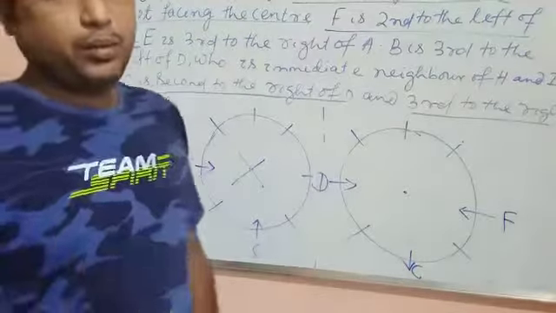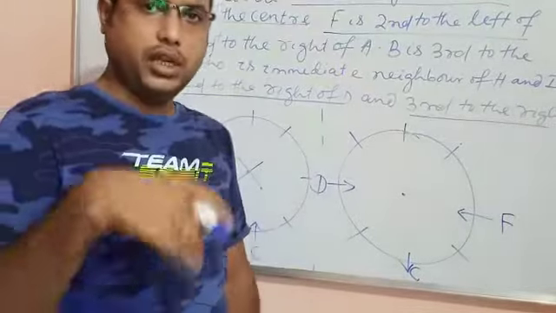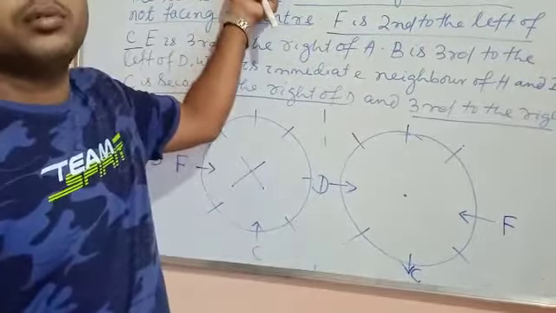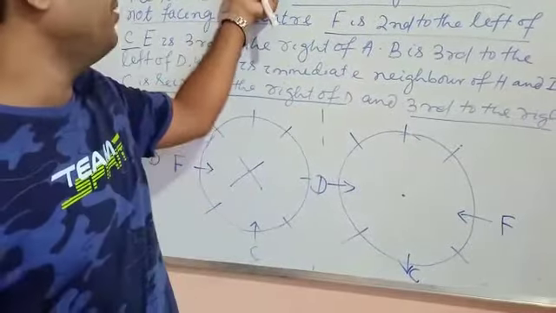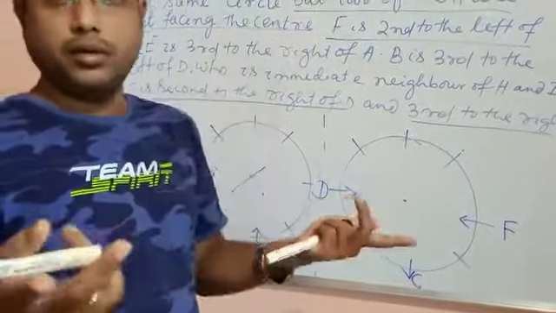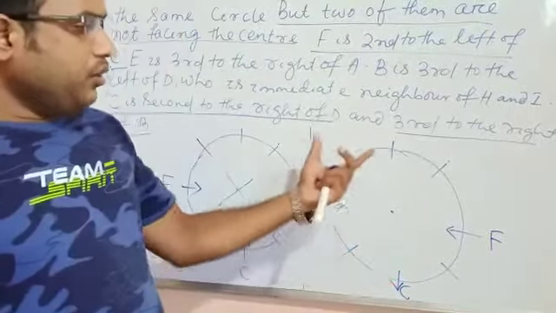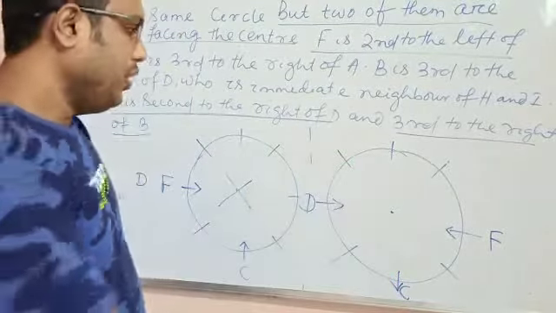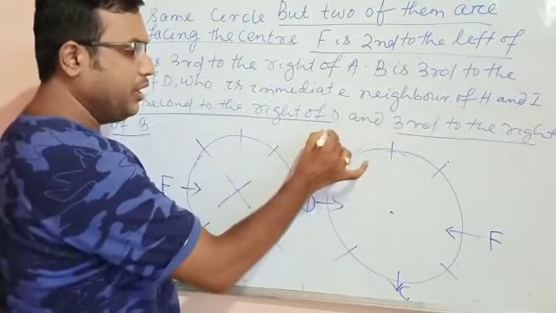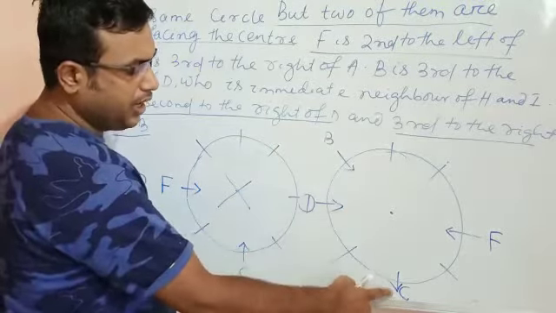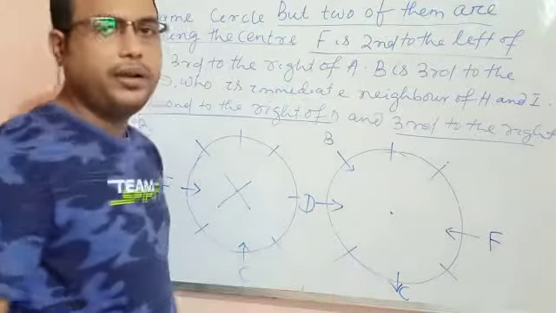The facing direction of B is also confusing, either inward or outward, because it is coming from the second group. Two members, either AB or BC or AC, whatever it may be. So then, what is the proper position of B? Keep in your mind, if B is here and facing towards the center, then C becomes third to the right. 1, 2, 3. Am I right?